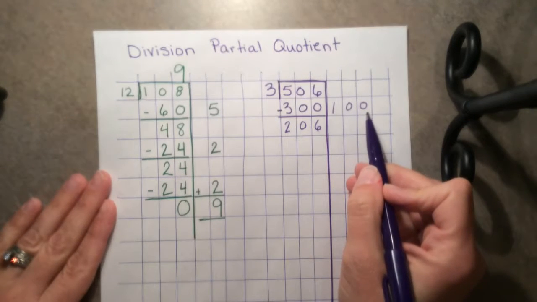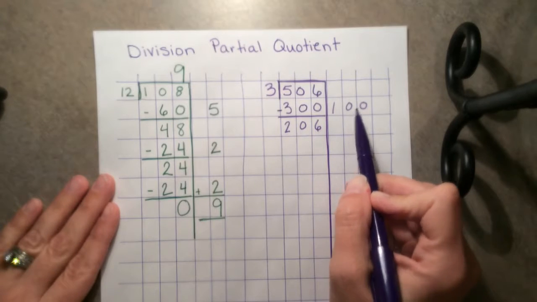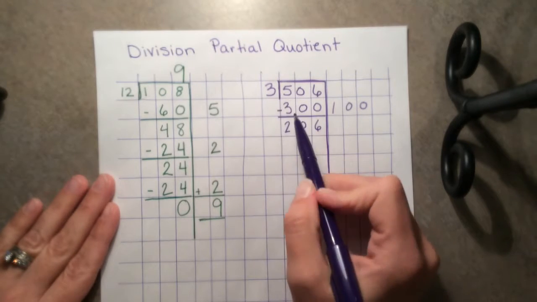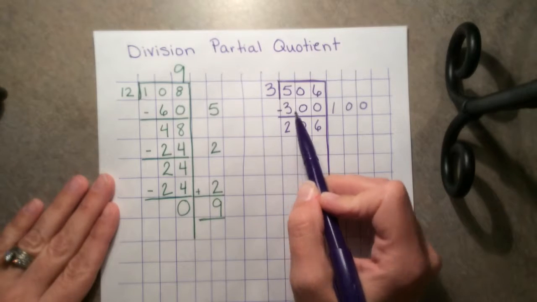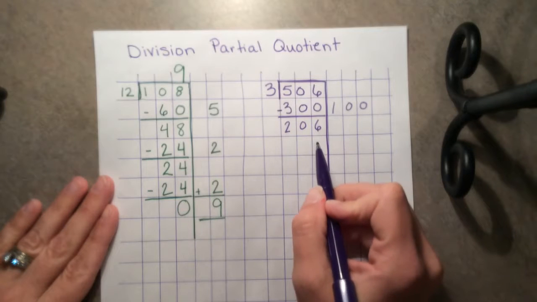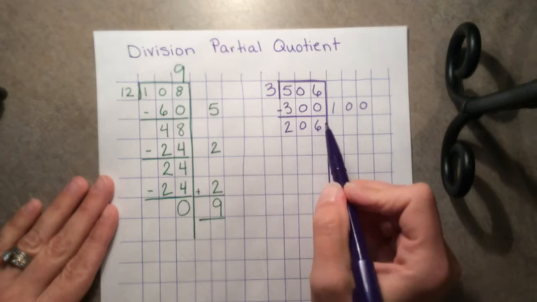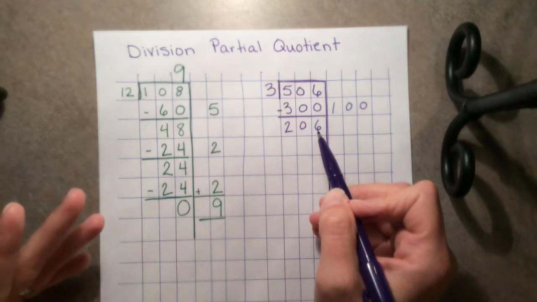On the outside, this is the multiplier. 100 times 3 is 300. Again, I do not want to see my students now say 1 and start subtracting 3. I want them to look at my number and say 206.